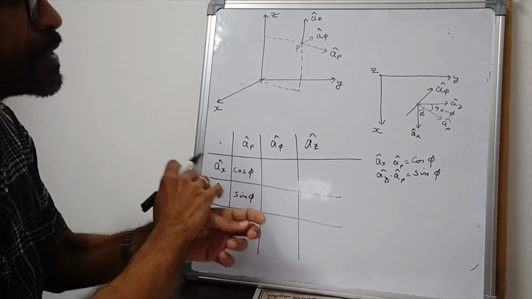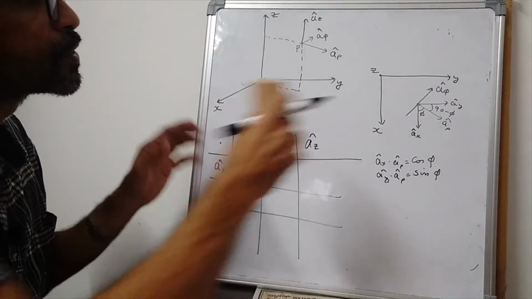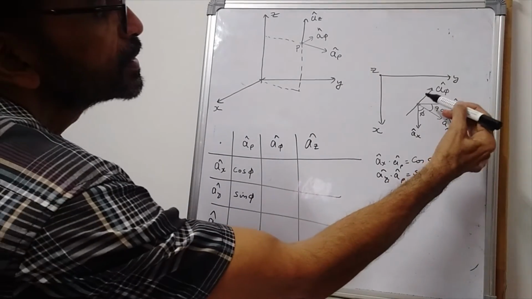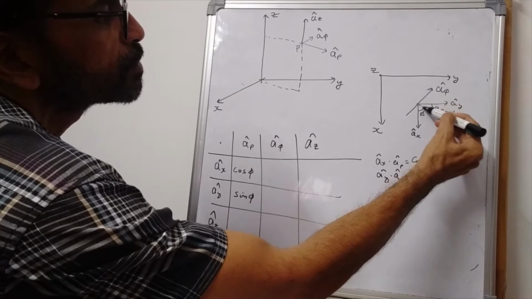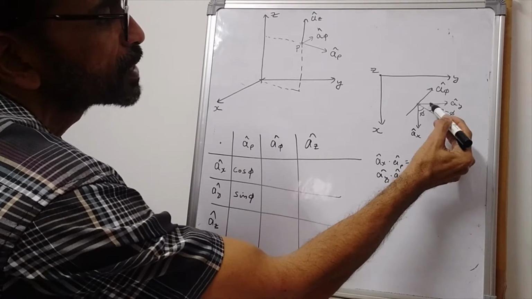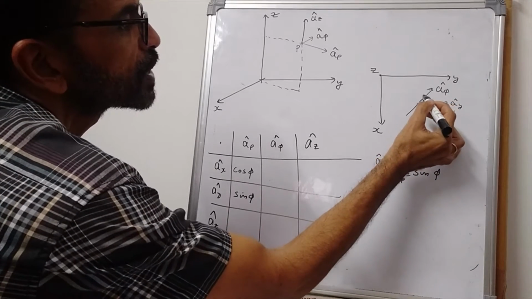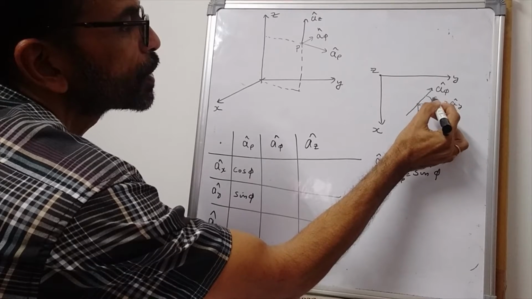So for that, we notice that this angle being 90, this angle being 90, and this being 90 minus phi, this has to be phi.